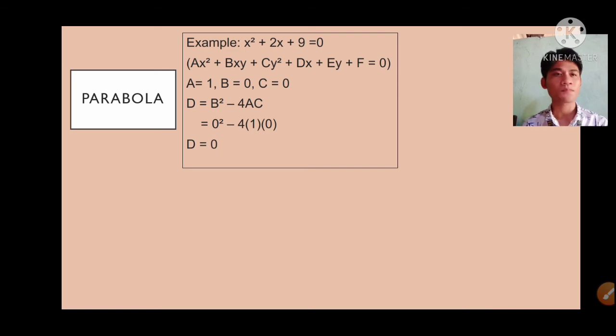As you observed earlier, if the discriminant is exactly 0, the given example is a parabola.